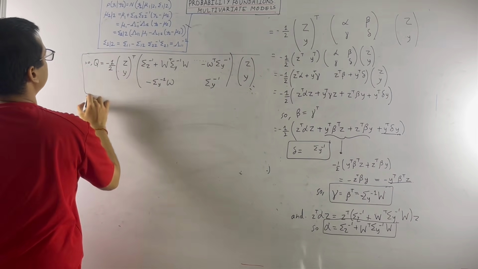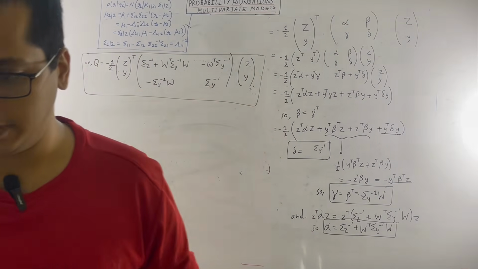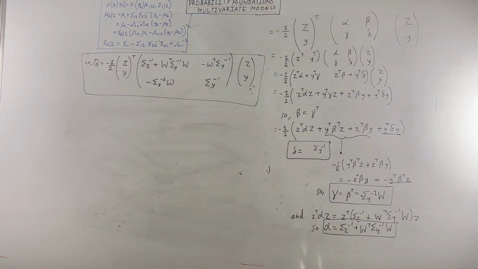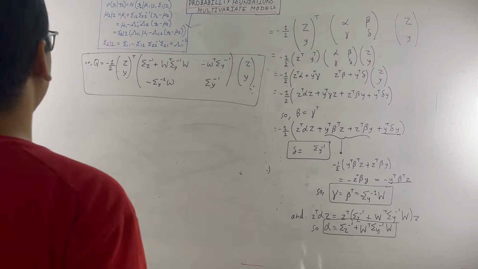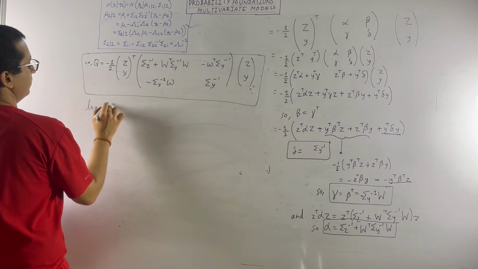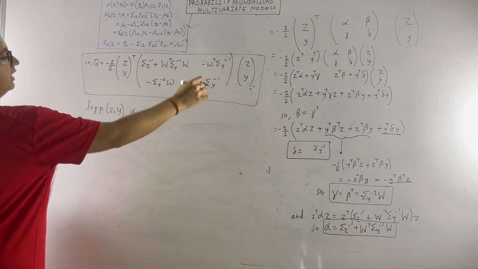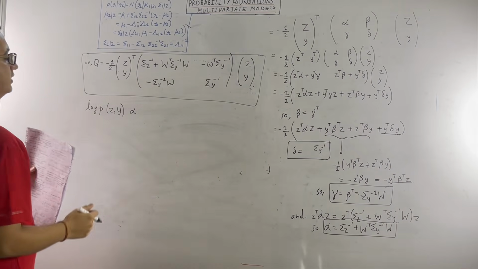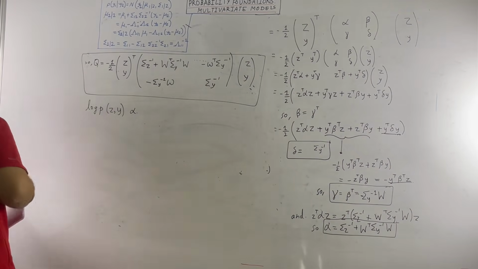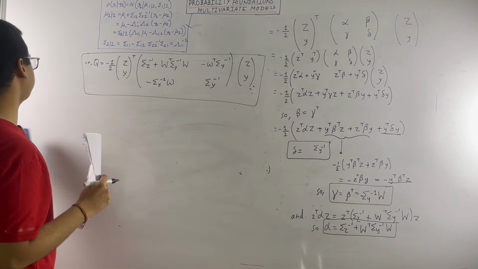So tell me, look at this expression. Log p of z comma y is proportional to this entire thing, right? Log p of z given y is also proportional to this entire thing.